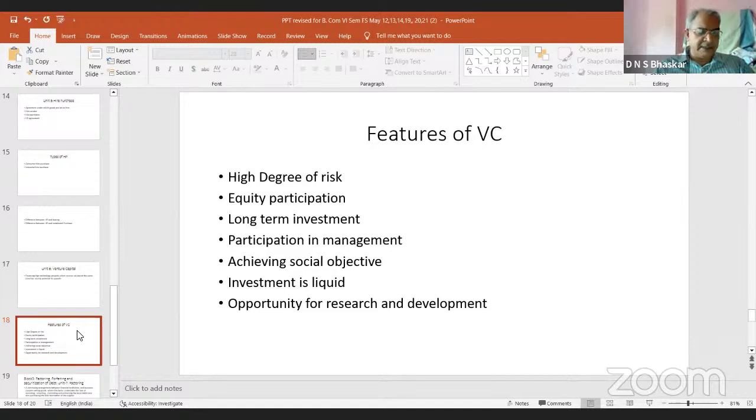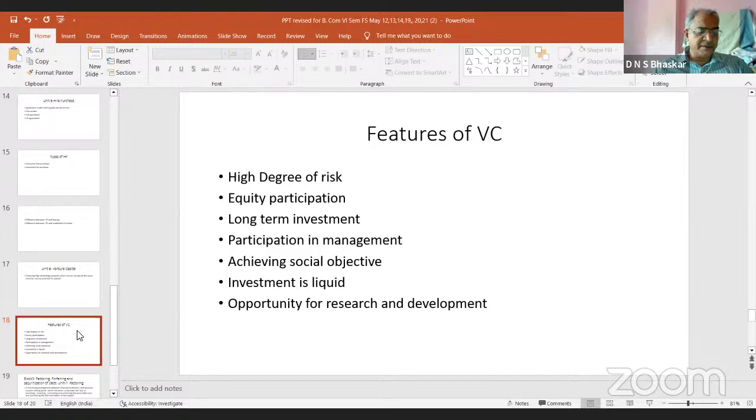What is meant by equity participation? The objective of a venture capitalist is to invest in a company, and whenever the share price increases, he will try to make a capital gain or capital profit out of that.